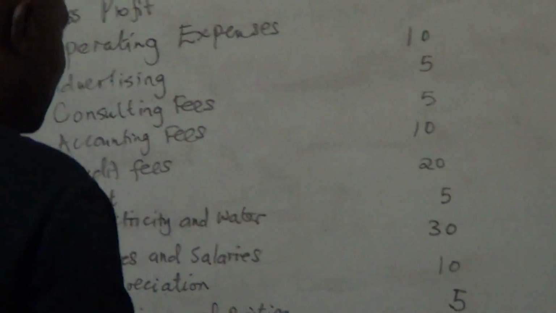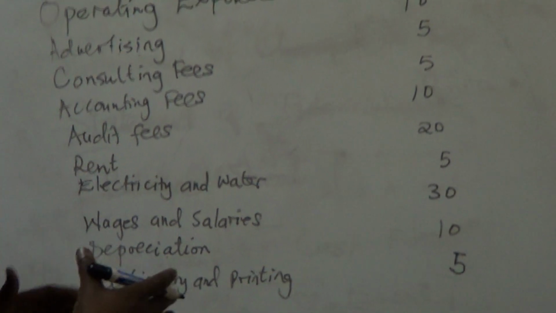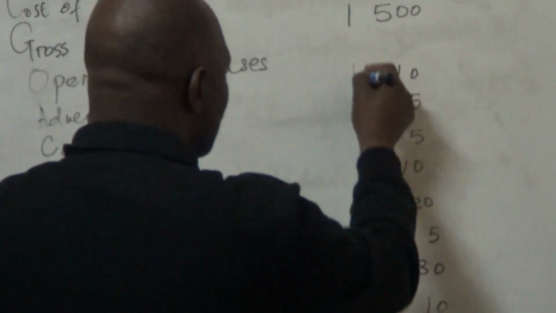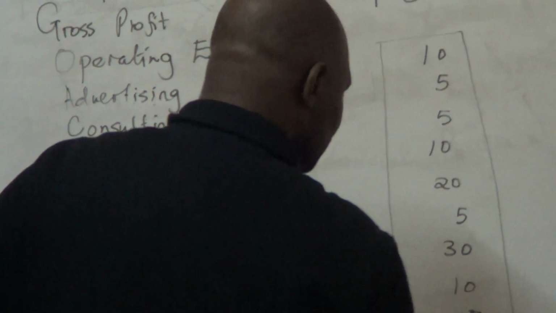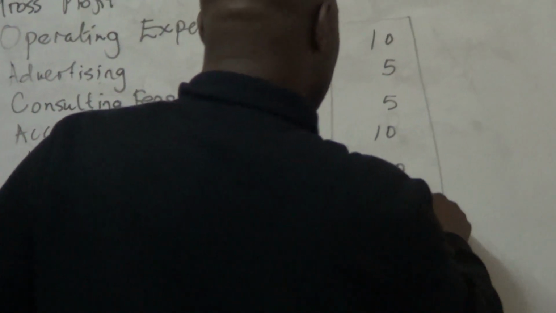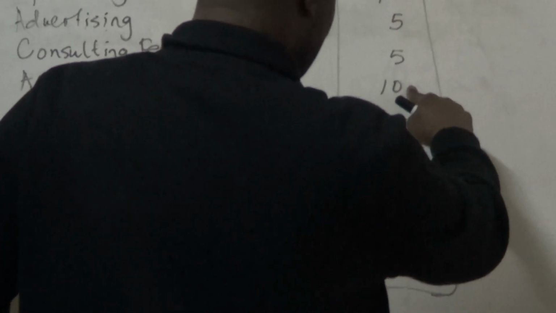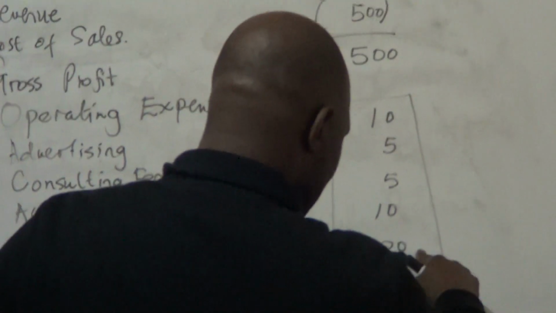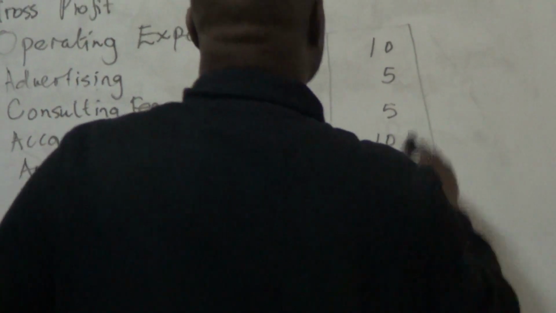So for simplicity's sake, let's assume these are all the expenses that we have incurred in the business. Let's add up all these expenses together. That's 5, 10, 15, 20, 30, 40, 50, 60, 70, 100.